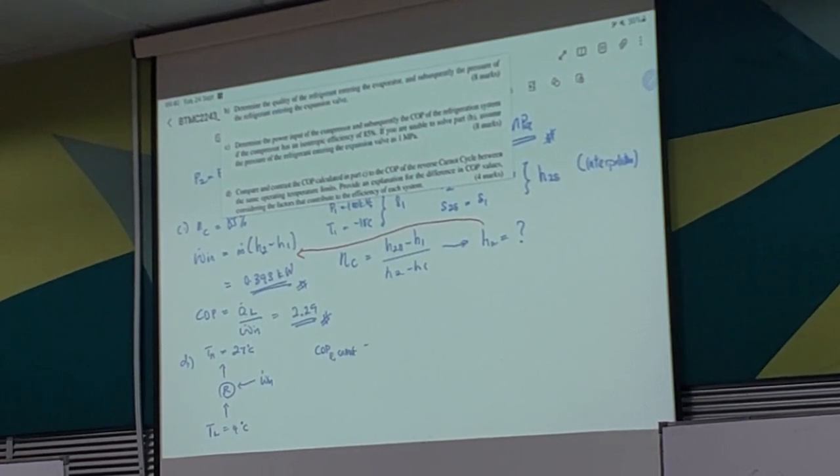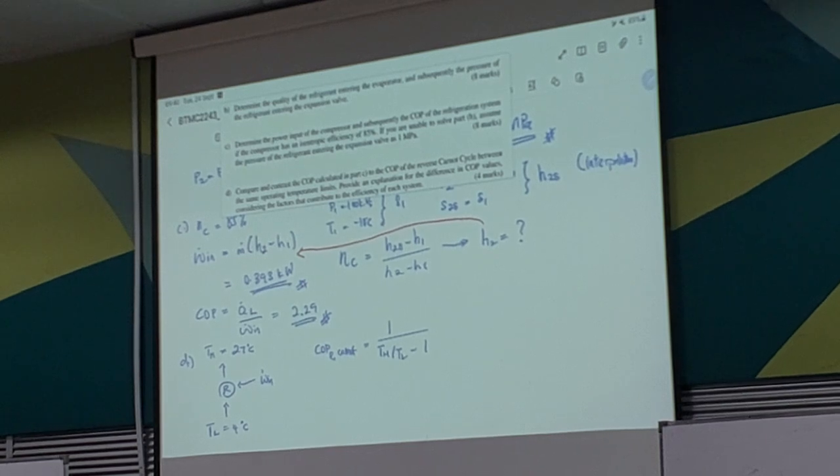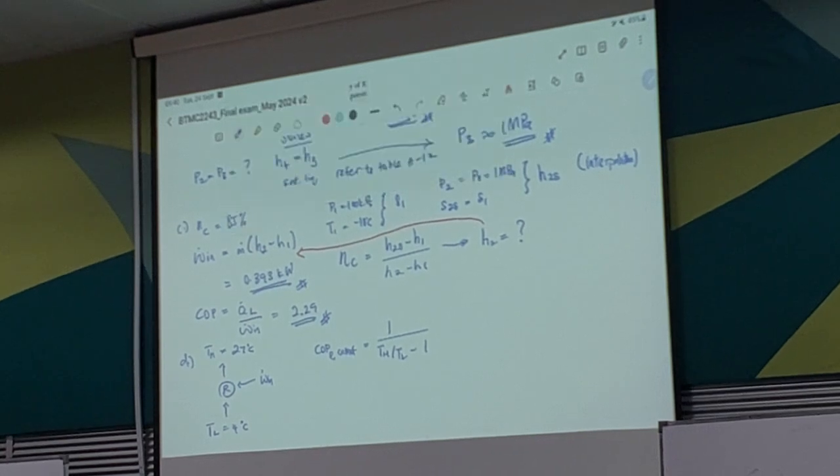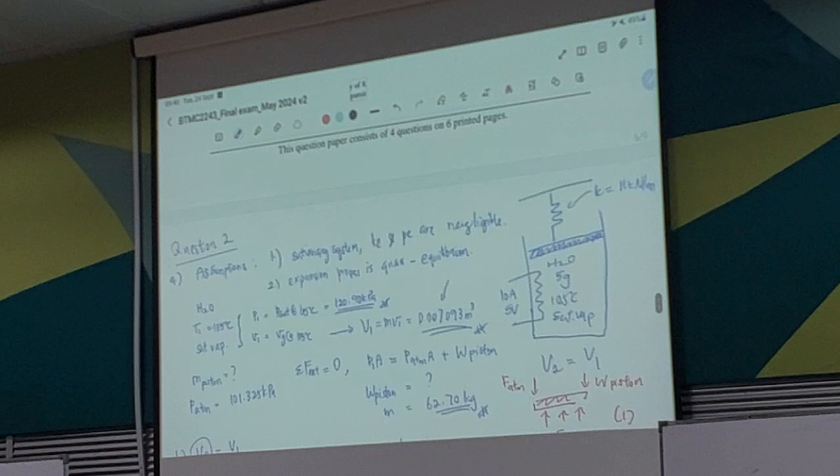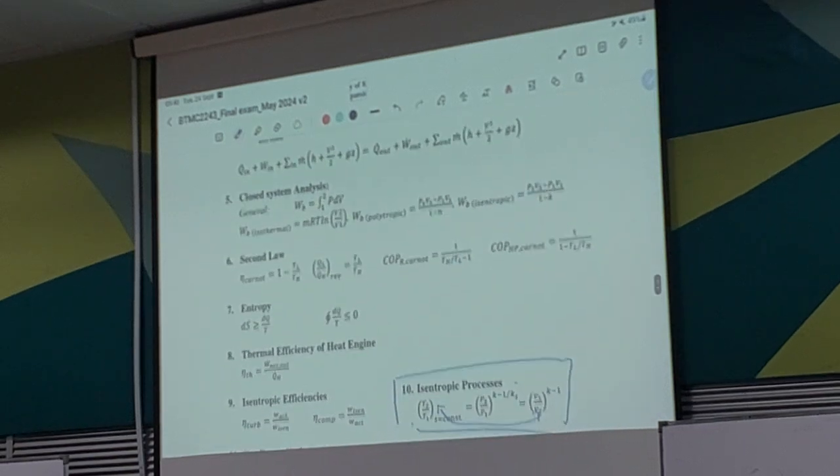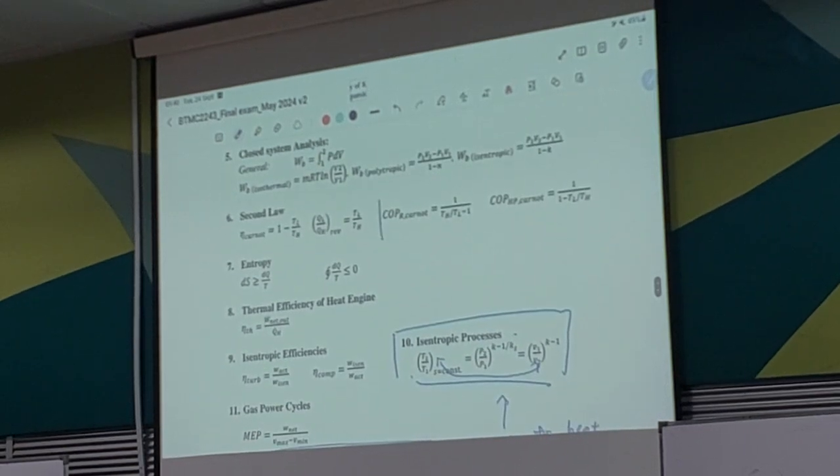And how do you calculate this? We use the temperature equation. And if I'm not mistaken, the equation should be also given to you. Let's check. Yeah, so it's here. So this equation.